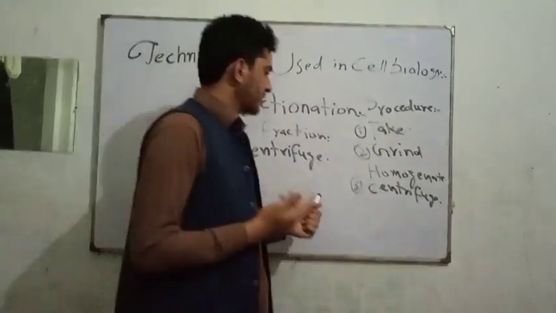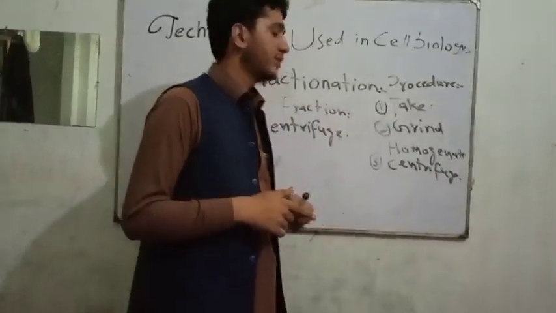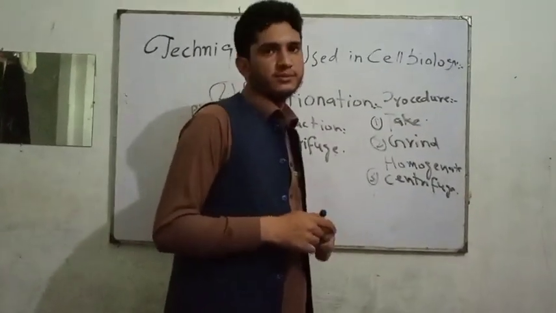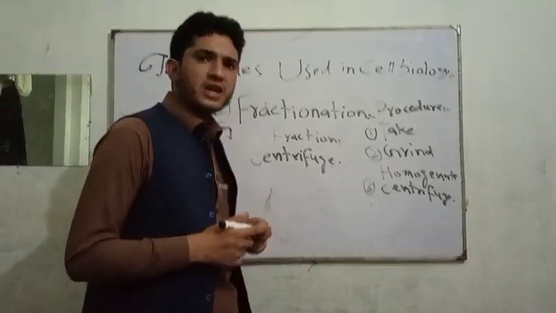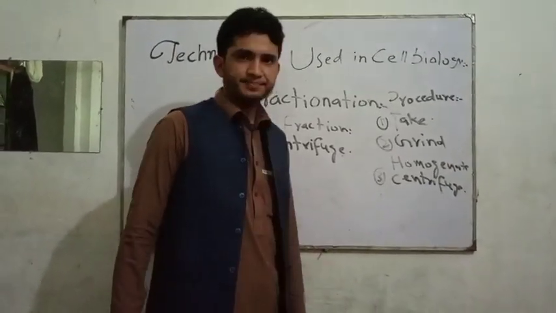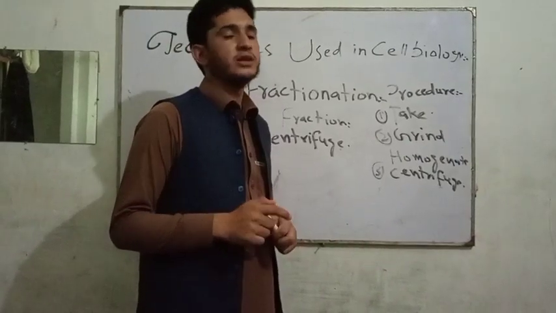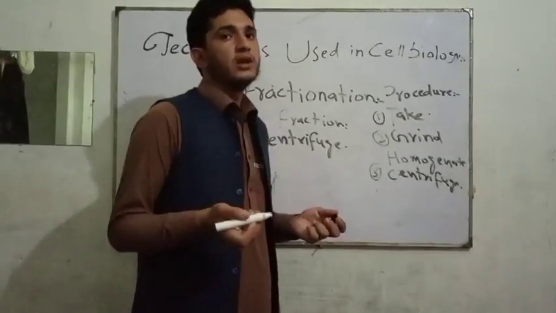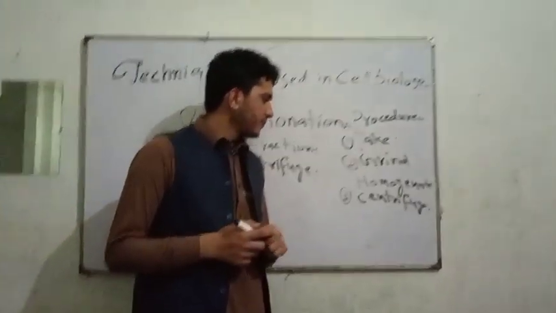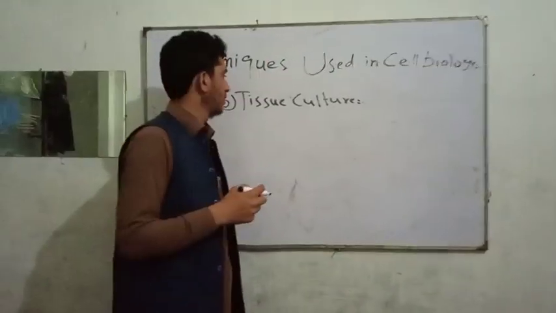First cells will start to separate, then nuclei, and then organelles will start to separate as we increase the speed, and finally ribosomes will separate. Then we can study every organelle very easily.